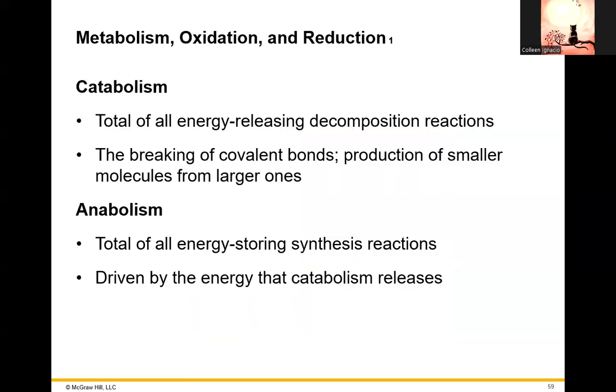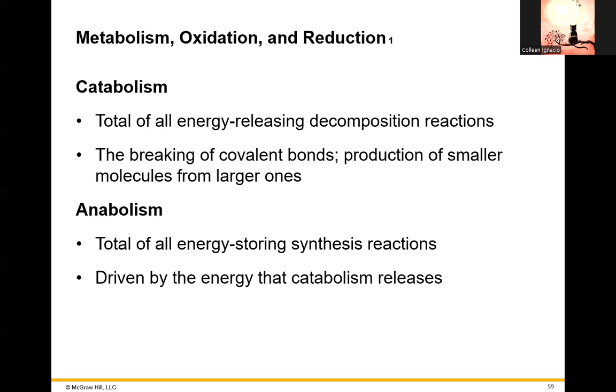So we're going to be wrapping up this chapter by talking about metabolism, oxidation and reduction. So metabolism occurs when the body is performing its functions, right? And so when we look at catabolism and anabolism, catabolism is us releasing energy, right? Energy releasing through decomposition reactions, things being broken down.